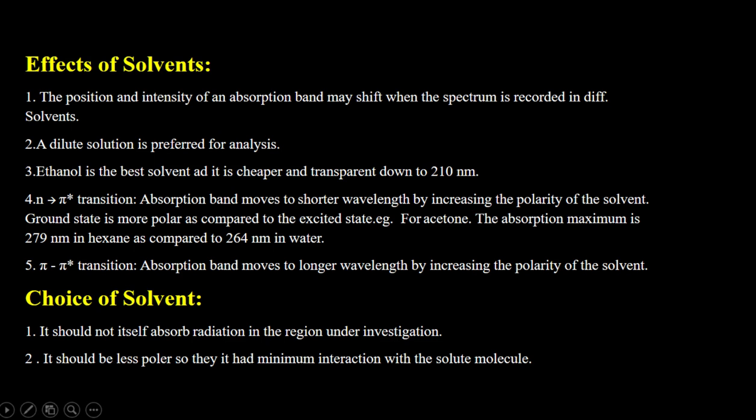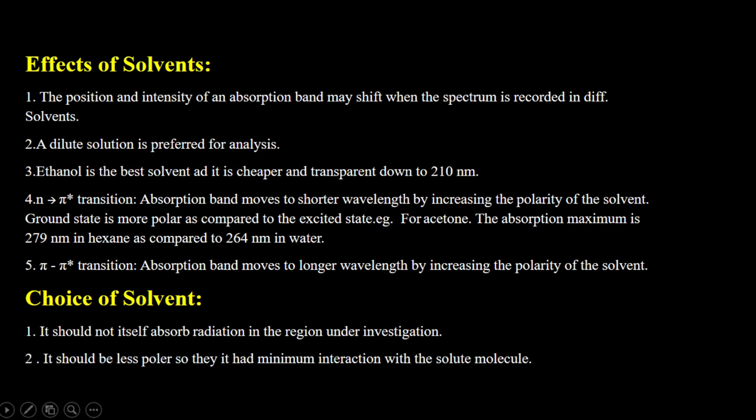Number 2 is a dilute solution is preferred for analysis. Number 3 is ethanol is the best solvent, and it is cheaper and transparent down to 210 nm. Number 4 is n to pi star transition.